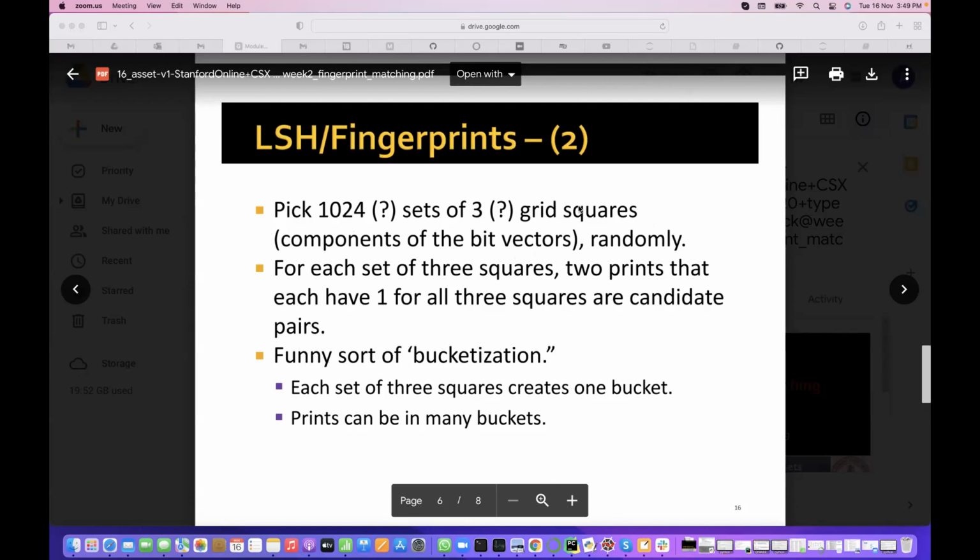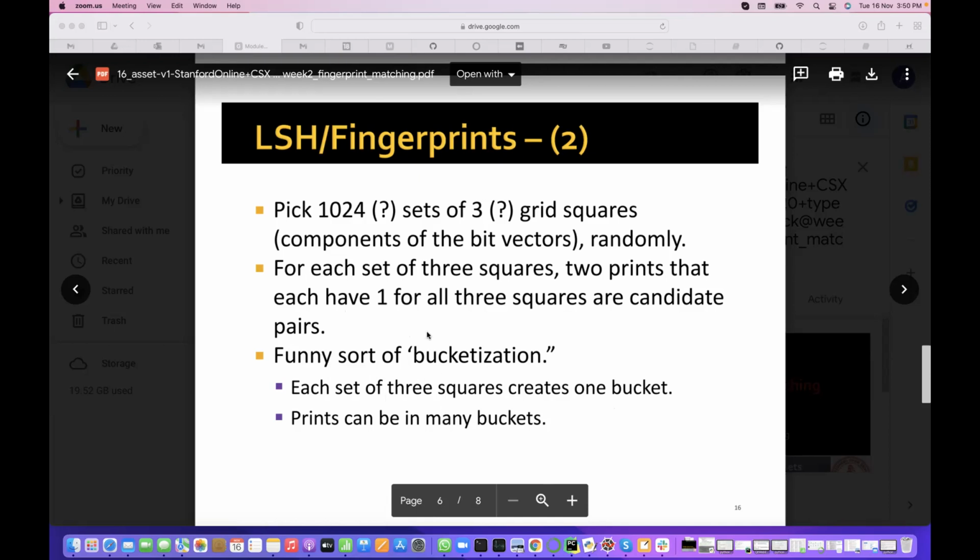Like how you build a signature from the input matrix, he is trying to do the same thing here. For each set of 3 squares, two prints that each have 1 for all 3 squares are candidate pairs. Funny sort of bucketization: each set of 3 squares creates one bucket, so prints can be in many buckets. I just described that even if one grid is the same, you consider them to be probed for similarity.